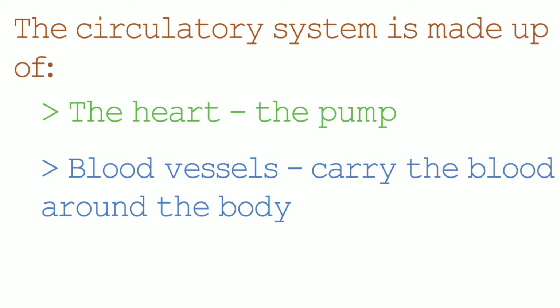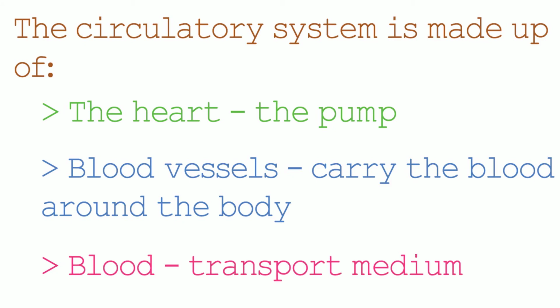There are three different types of blood vessels, and we're going to be looking at these in more detail later on in this section. The three different types are arteries, veins, and capillaries. The final component of the circulatory system is blood, and blood is the transport medium. Blood carries a variety of different substances such as oxygen, carbon dioxide, nutrients, and many, many more.